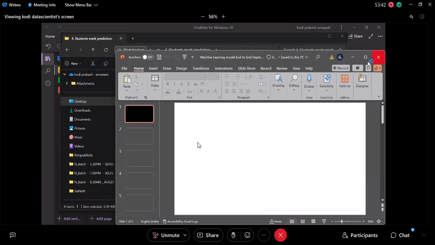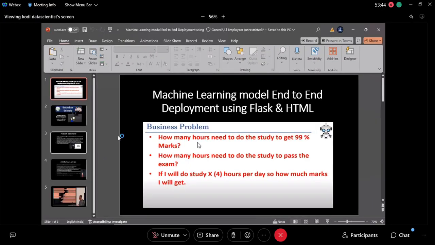This code is easy, but before any project, a company has a requirement, right, guys? How does the company gain a requirement? The name of the project is ML model end-to-end deployment using Flask and HTML.